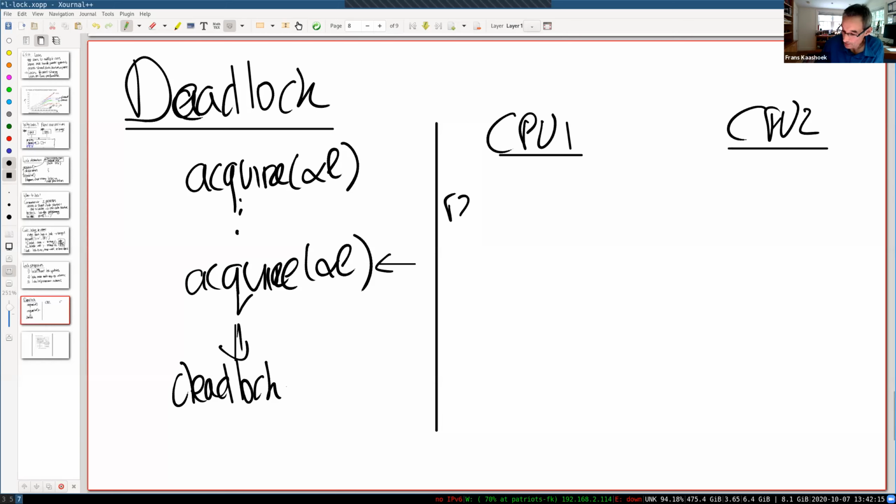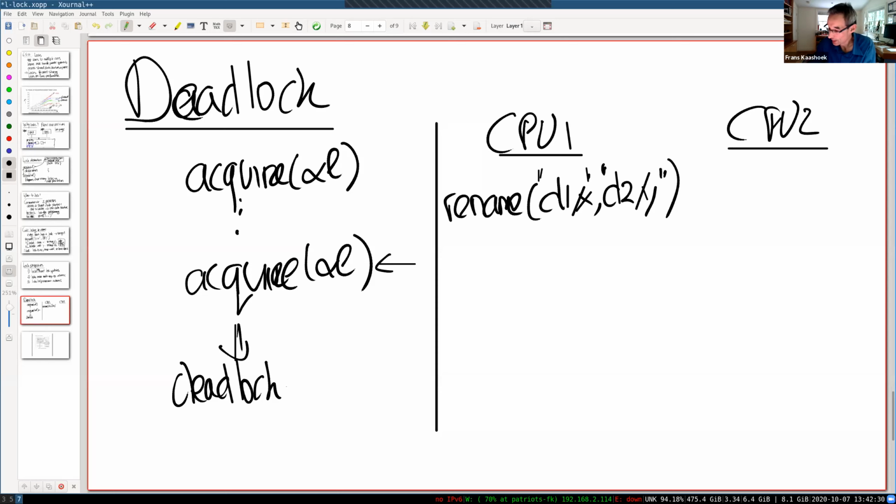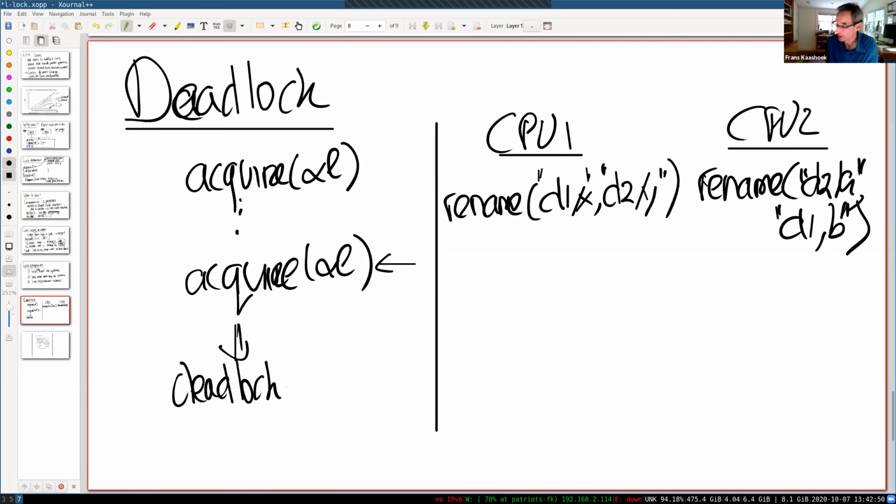CPU 1 executes rename directory D1/x to D2/y, and CPU 2 executes at the same time a rename in the other direction, D2/a to D1/b, just to make the names different.